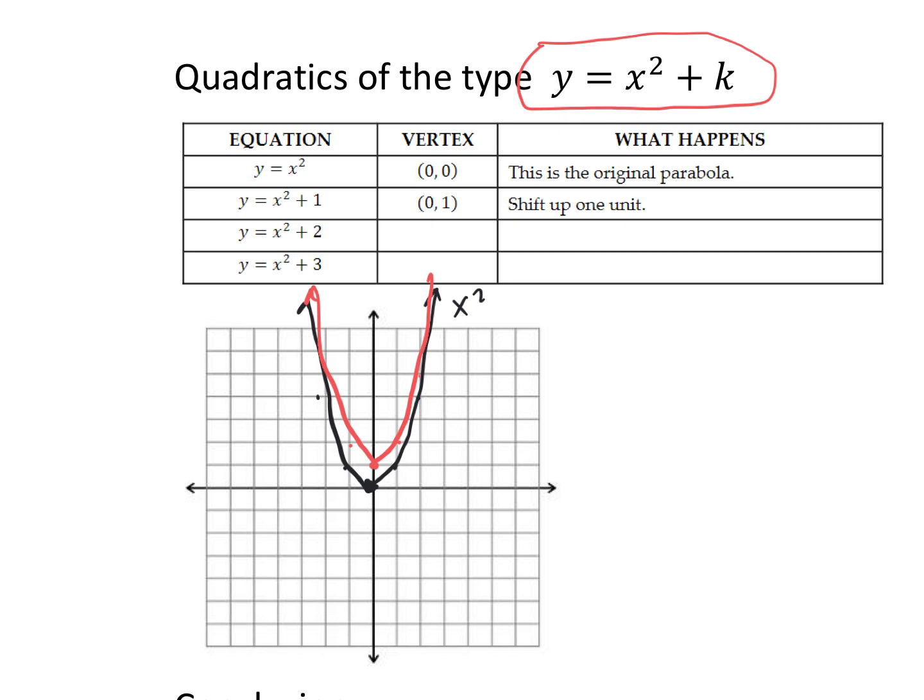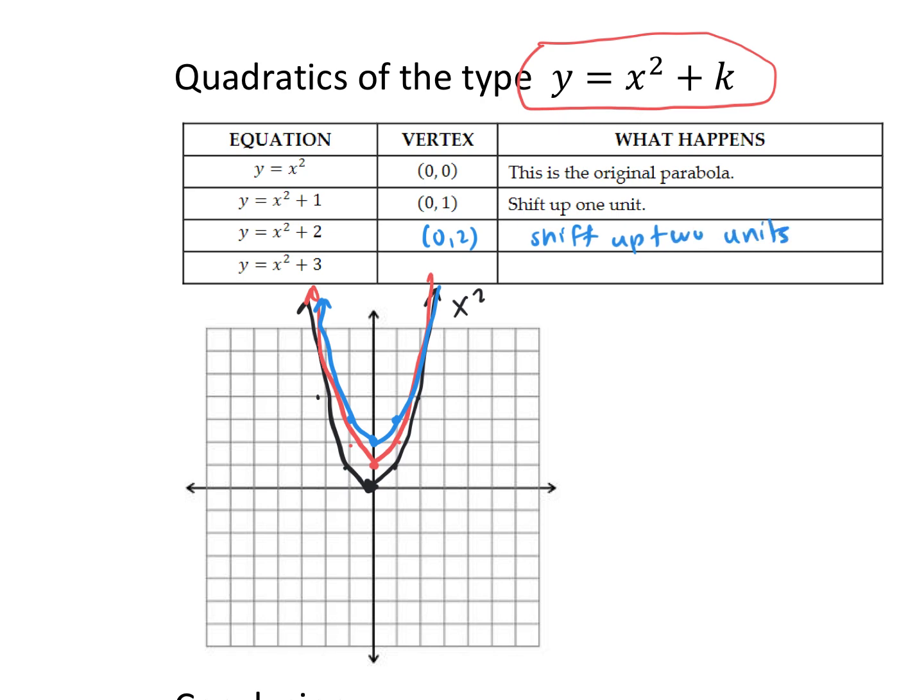So again, I can use Desmos or I can make a table of values and my graph is going to look like this. So it's going to have some sort of shape like this. So again, the shape stays the same, so it looks exactly the same, except it's going to shift up 2. So my vertex is now going to be at (0, 2), and it's going to shift up 2 units.